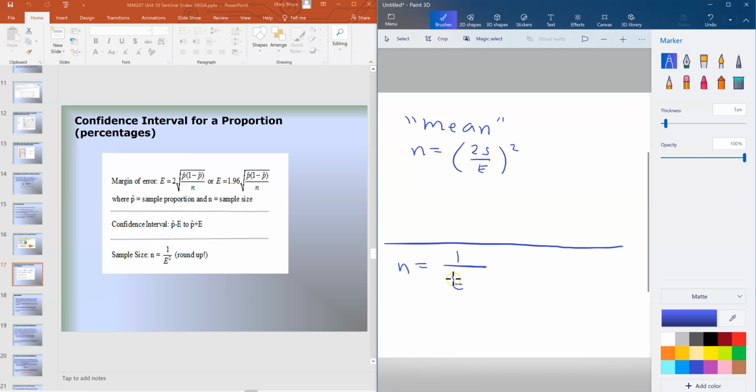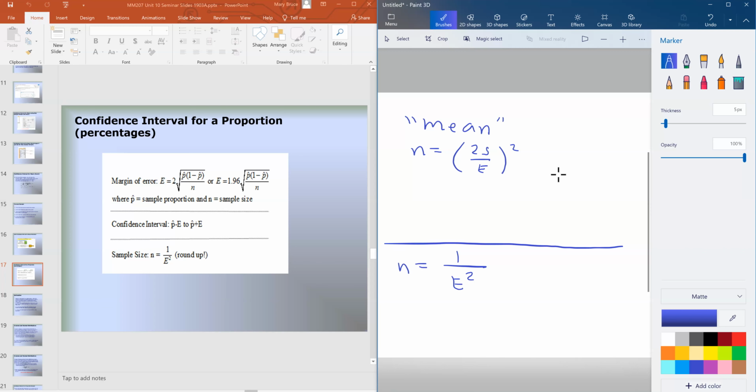And for both of these sample size formulas, you need your final answer to be rounded up to the nearest whole number. Now, I will show you how to do these by hand, but my suggestion is going to be to use the Excel worksheets that I provided. And I will also show you those in this video.